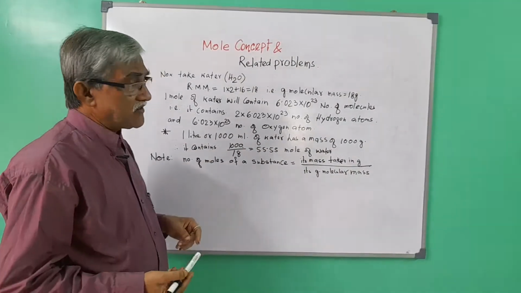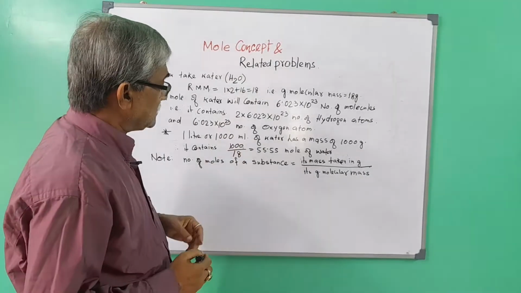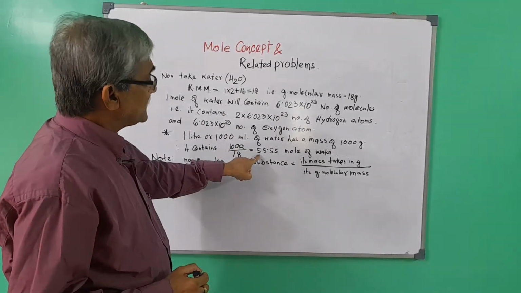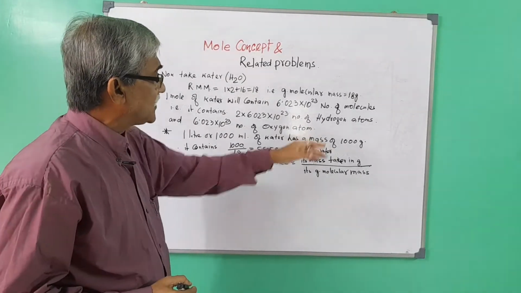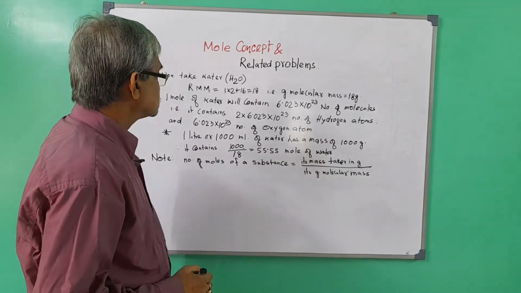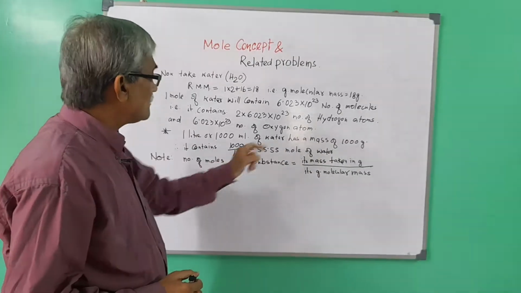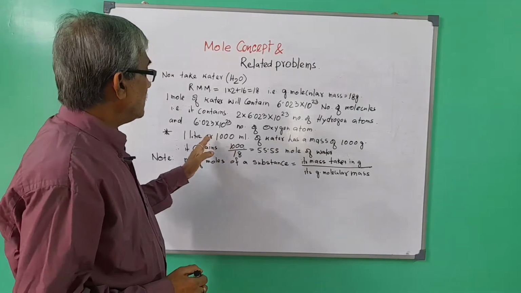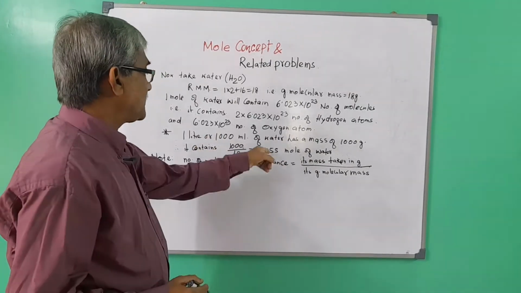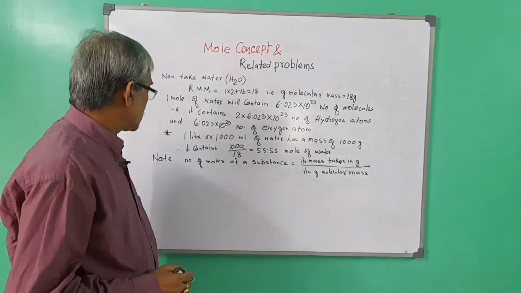That is, it contains 1000 by 18, that equals 55.55 moles of water. That is the number of moles of water in 1 liter or 1 kg is 55.55 moles.